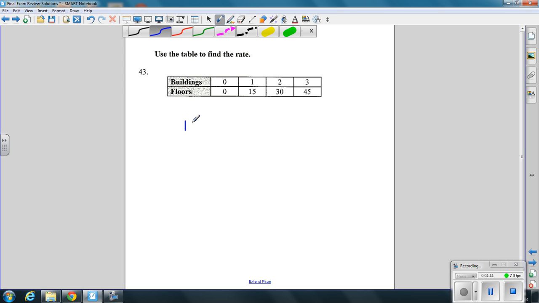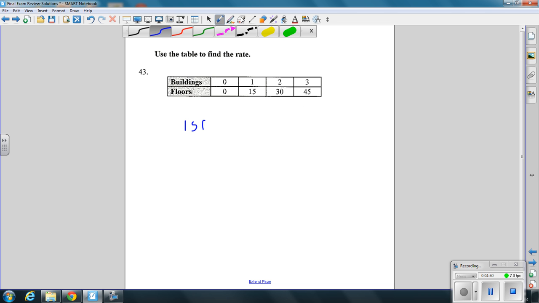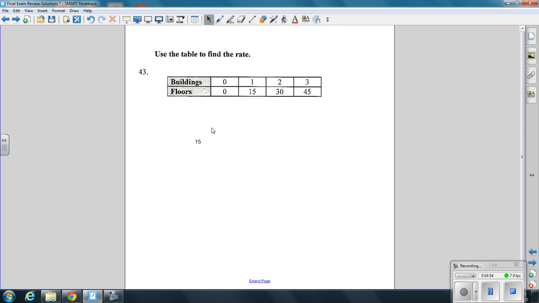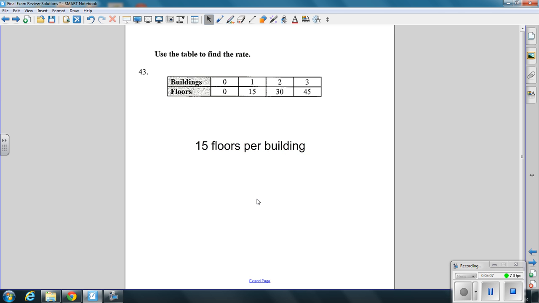So our answer is 15 floors. Type this out for you. 15 floors per building. Okay.